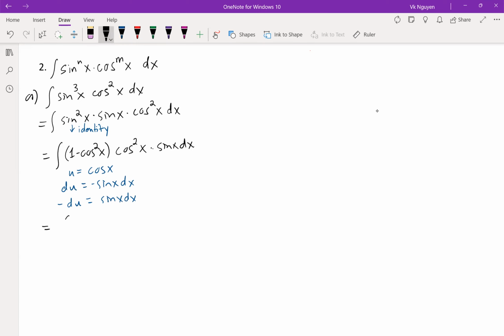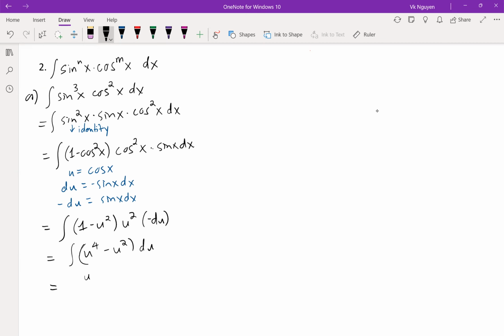Use the u substitution, and we have (1 minus u square) times u square times minus du. Distribute negative 1 and the u square, and we have the integral of u to the 4 minus u square du.